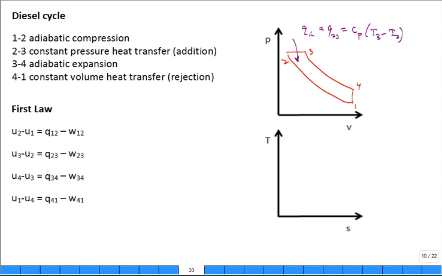Not a C sub V. Okay, because as it's burning, as you have heat addition, you also have work out from 2 to 3. And this Q from 4 to 1 is negative, but it's C sub V, T1 minus T4. This will be a negative quantity.